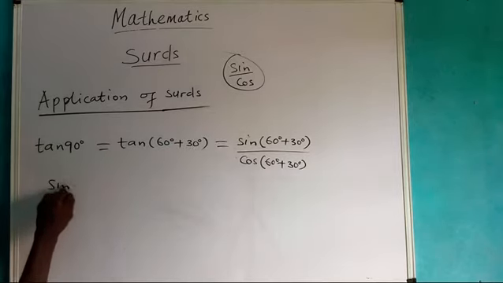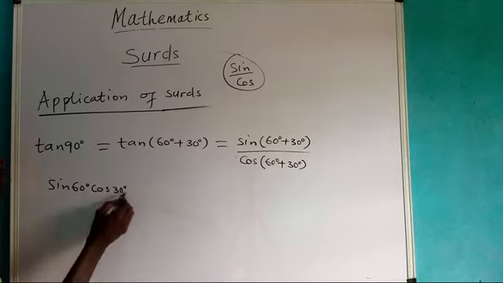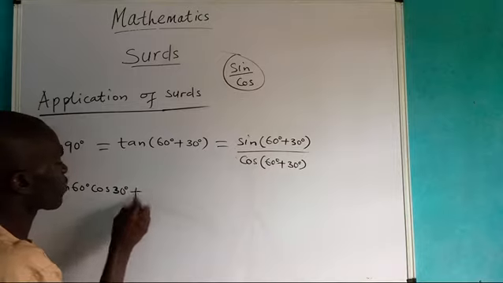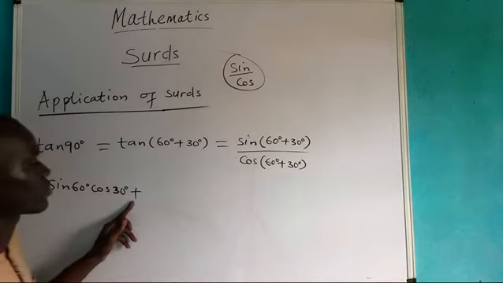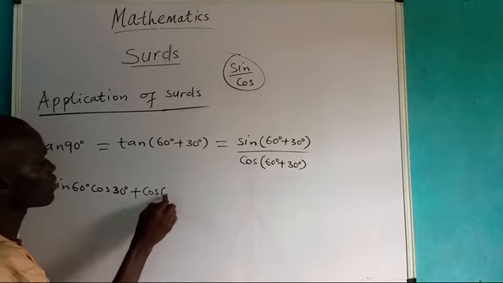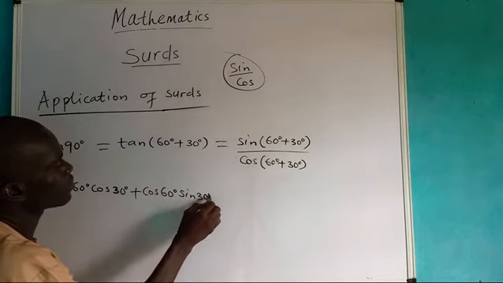I'm going to have sine 60 degree cos 30 degree. The next thing there, we still have plus. Remember, for sine, the plus remains the same. I will have cos 60 degree sine 30 degree.